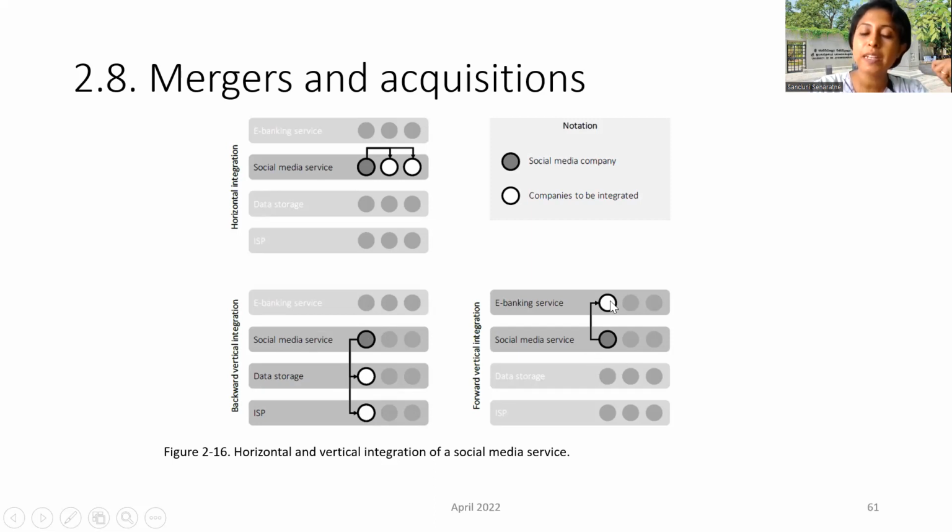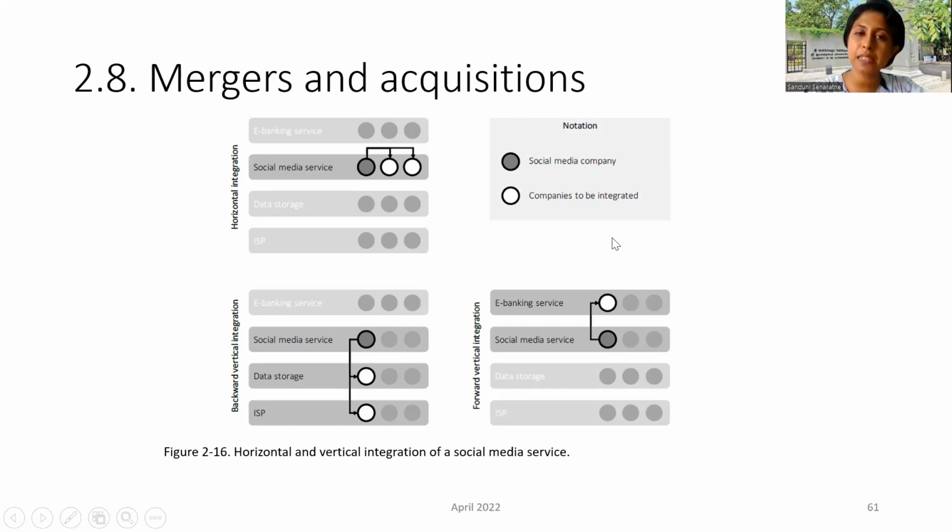So if we look at forward integration, forward integration is the end of the supply chain between your company and the end customer, right? Your company's end and your end customer's point are being covered or integrated. That is the forward part or the front part of your supply chain. So in forward vertical integration, what happens is the social media service integrates with an e-bank service.